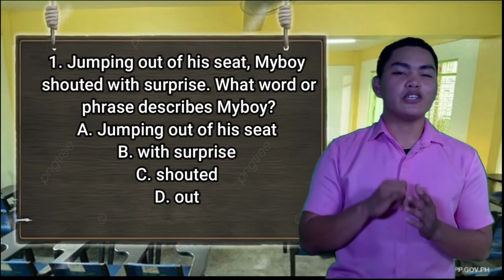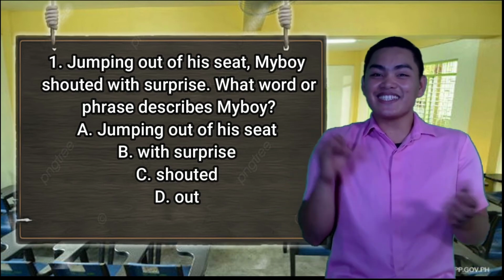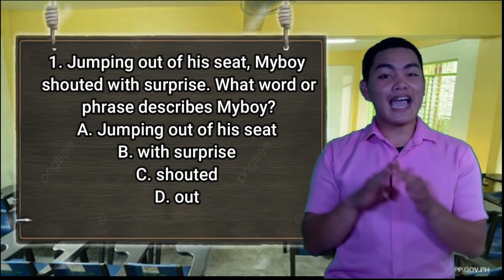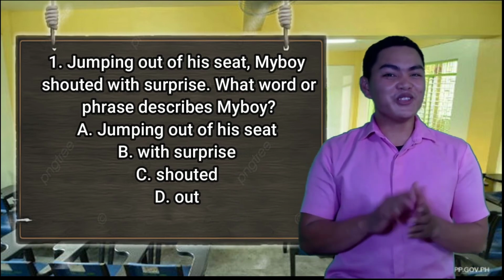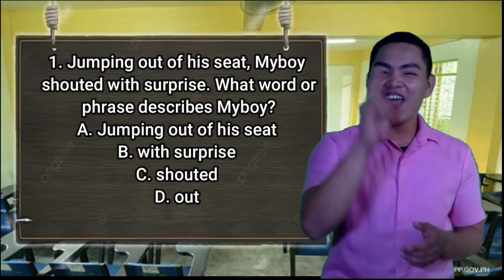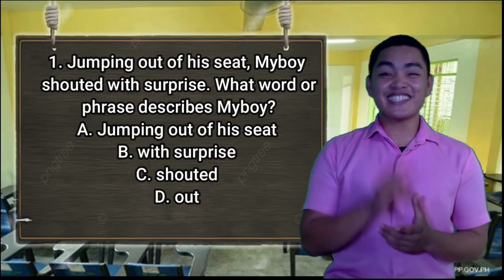Letter A, jumping out of his seat. Letter B, with surprise. Letter C, shouted. Letter D, out. Very good, that is letter A, jumping out of his seat.